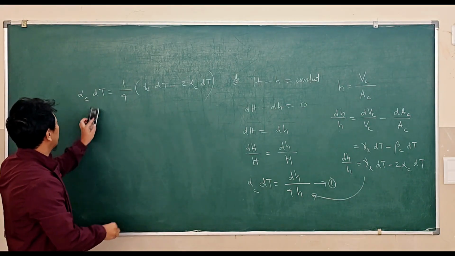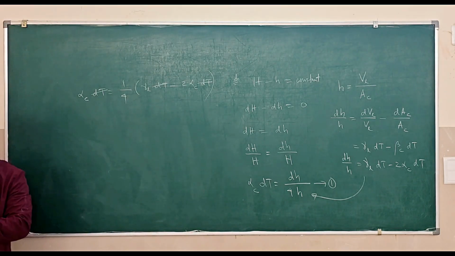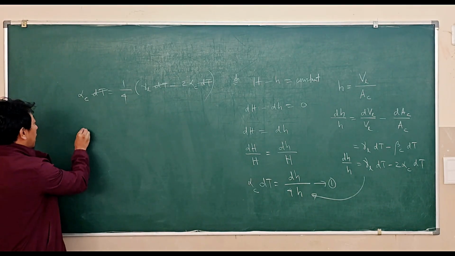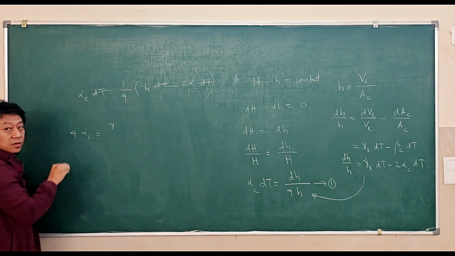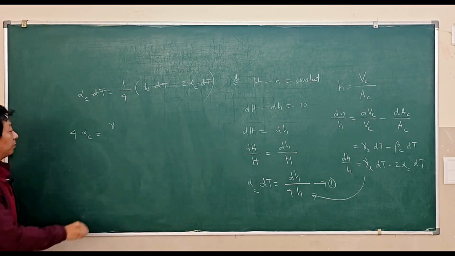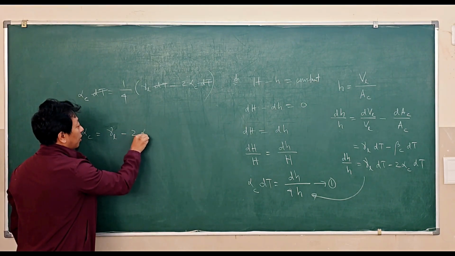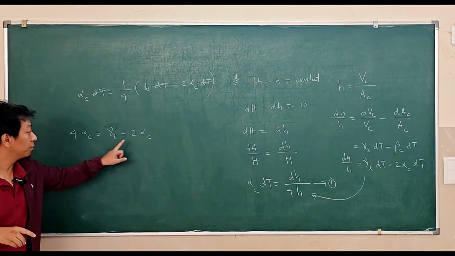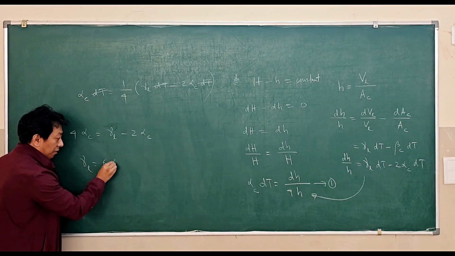Now dt we can cancel. Both sides there are dt. So what will be alpha of container? 4, you cross multiply. So 4 times alpha of container will be gamma of liquid minus 2 times alpha of container. Am I correct? Bring minus 2 alpha this side. So what is the relation this time? 6 alpha of container.